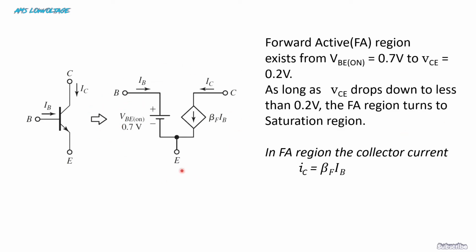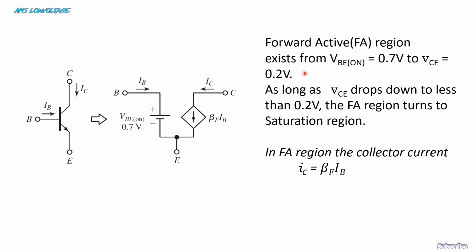See this model, the exact model of this forward active region. It behaves just like this. In this base emitter region, there is a small amount of voltage, 0.7 volt, which is the transistor on voltage. And the collector current in forward active region is the product of beta value and the base current.